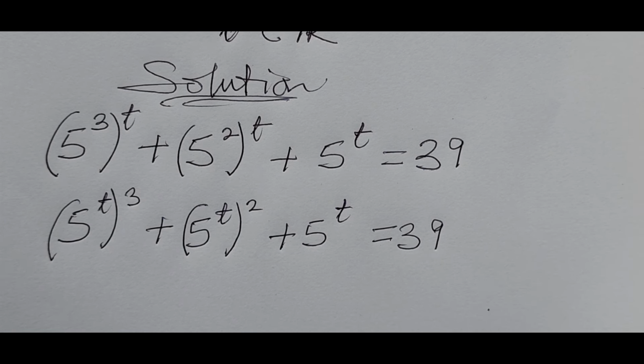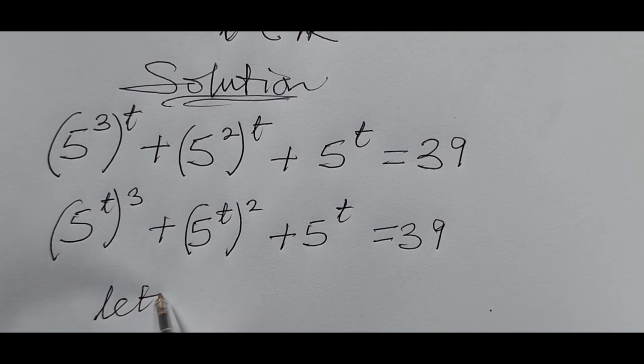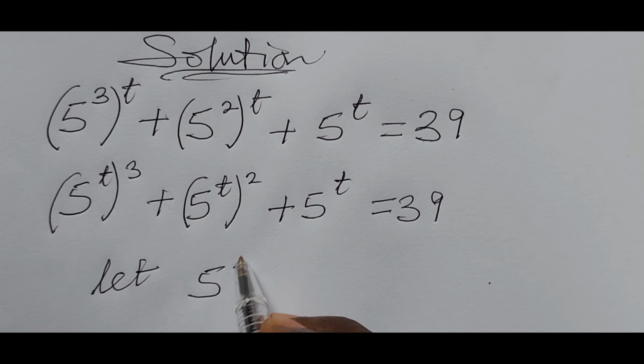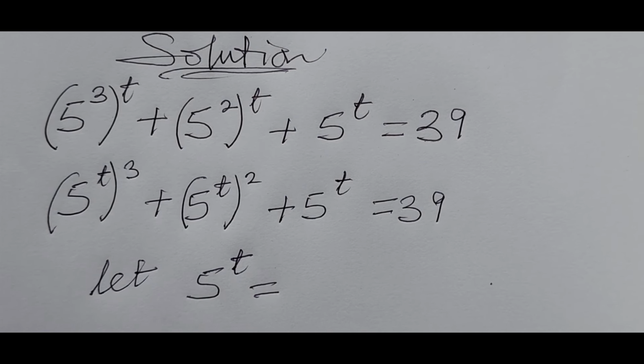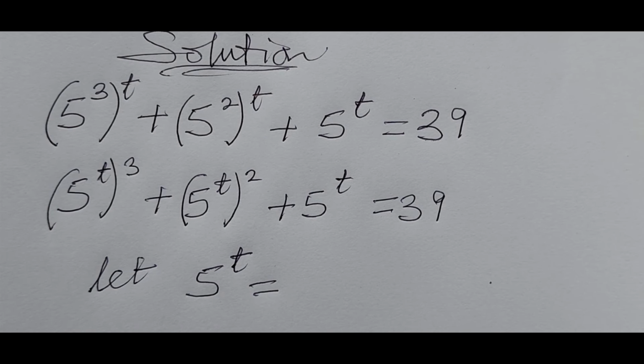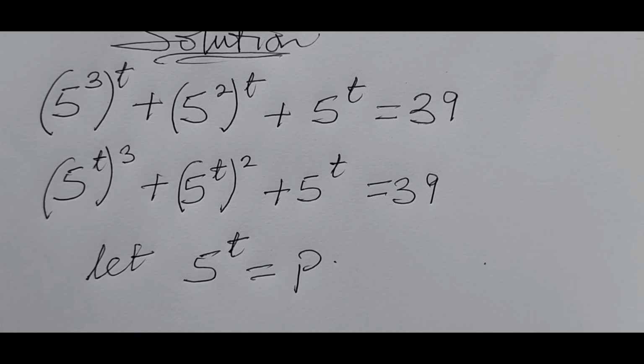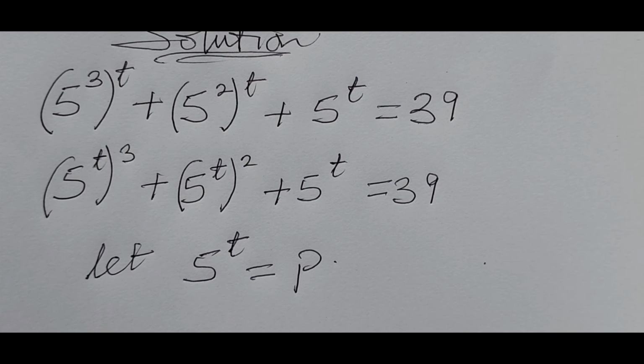Let the value of 5 to the power of t be equal to, let's take any alphabet, let's take p. If 5 to the power of t equals p, then wherever we see 5 to the power of t, we put p in there.